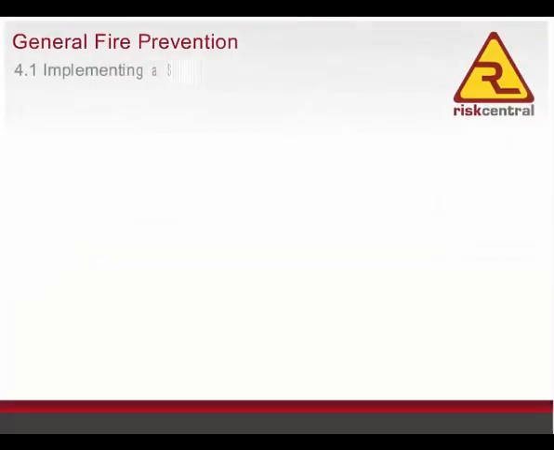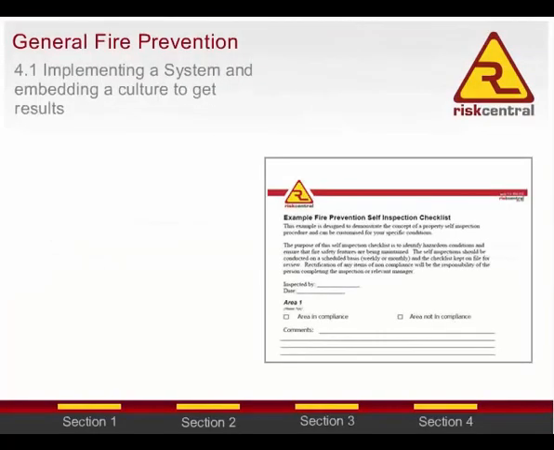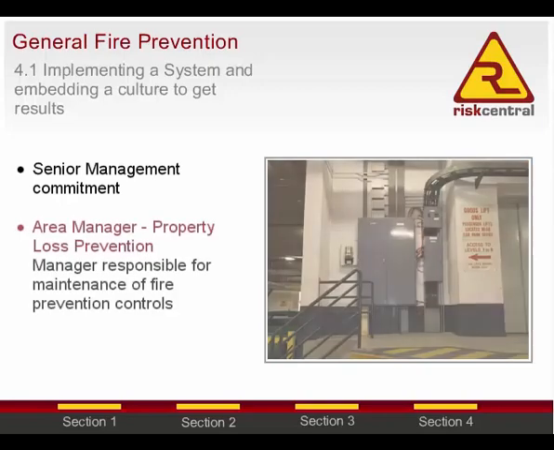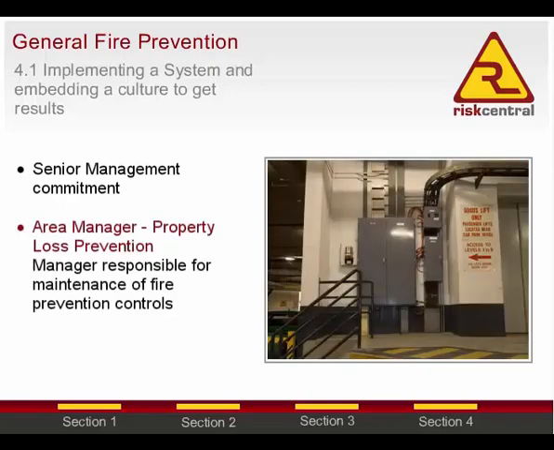A property loss prevention system should be designed to provide ongoing training and motivate personnel to maintain appropriate controls. The implementation and maintenance of an effective system should consider the following principles. Gain senior management commitment. If the system is not openly supported by senior management, it will not be effective. A manager or supervisor with authority to correct deficiencies should be made responsible for the maintenance of fire prevention controls in each building area.